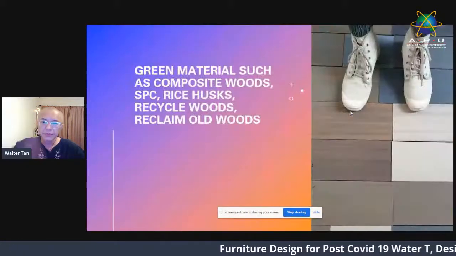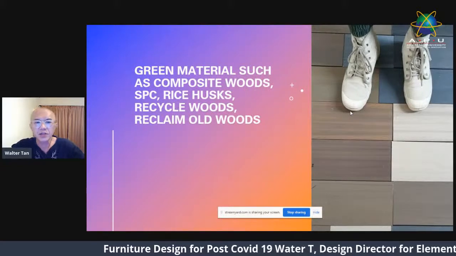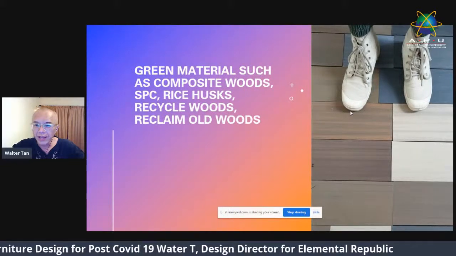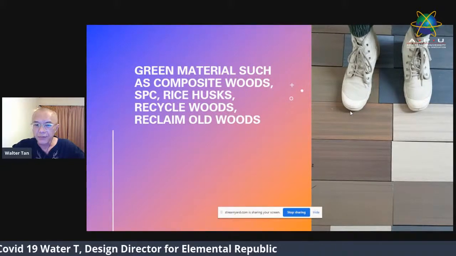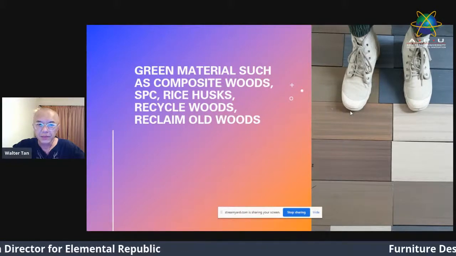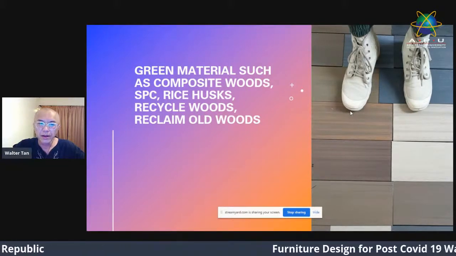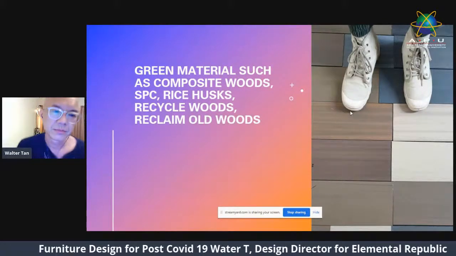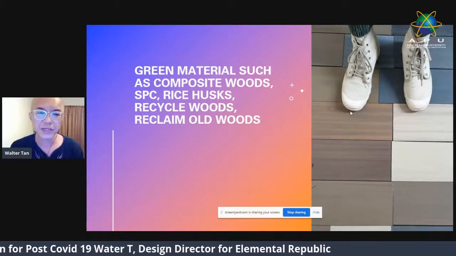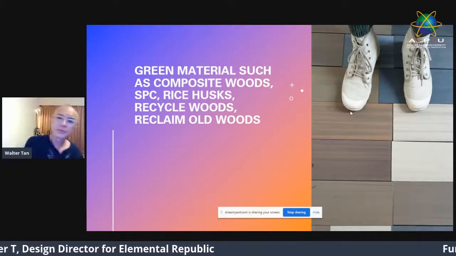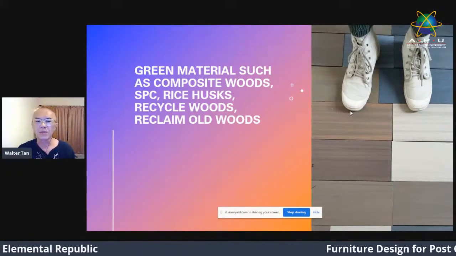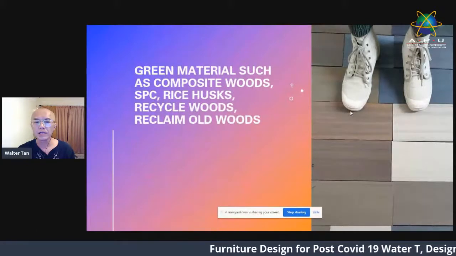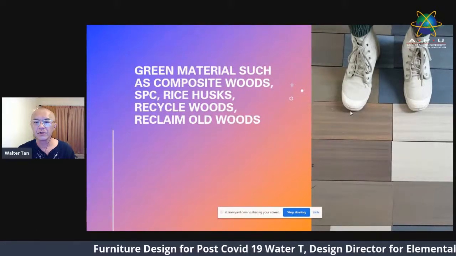Okay. Another one is green materials such as composite wood, the one that I step on, SPC, that means stone plastic composite. And rice husk, okay. I remember because I'm from Kedah, so we are actually the land of the rice field.